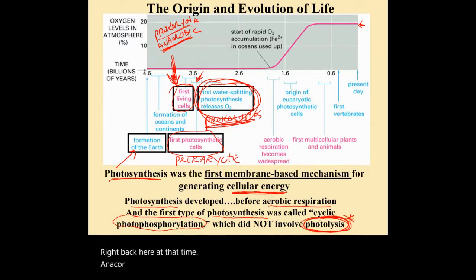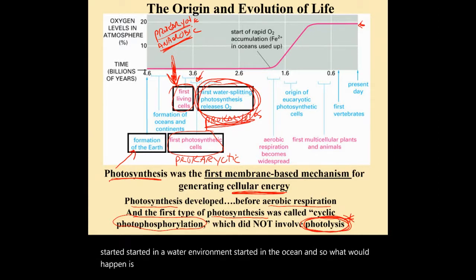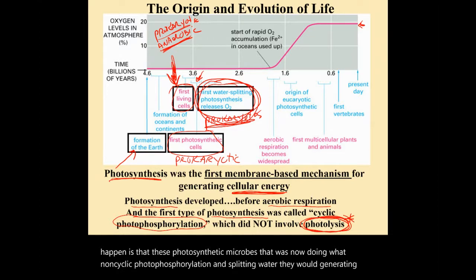And of course, all of this was really happening in the ocean. Most of the life that started in a water environment started in the ocean. And so these photosynthetic microbes that were now doing non-cyclic photophosphorylation and splitting water were generating oxygen gas in the ocean.